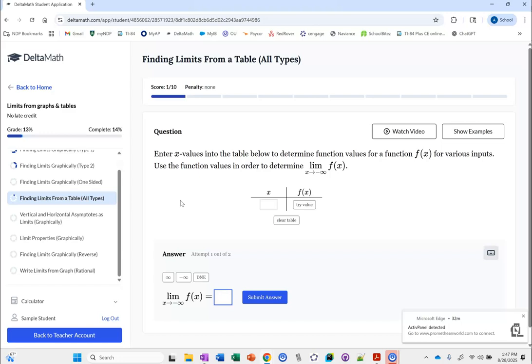So the values I would pick, if I'm doing -4 from the left, are -4.1, -4.01, -4.001, -4.0001.